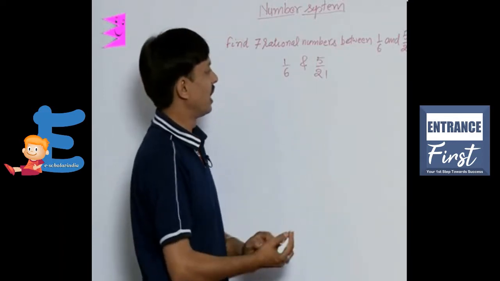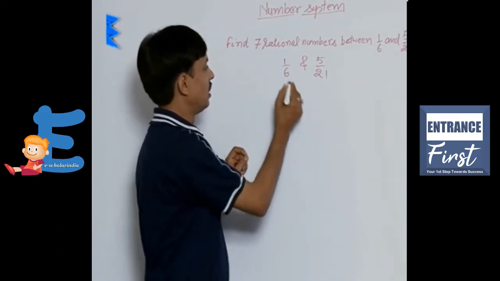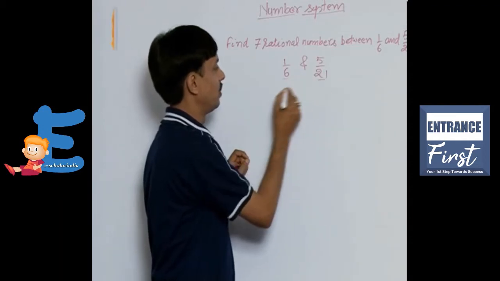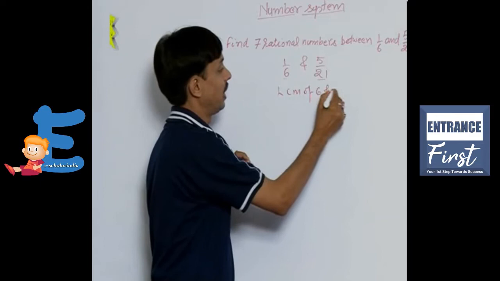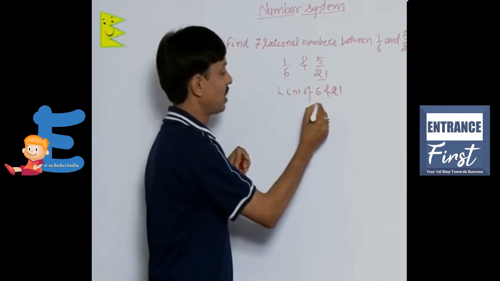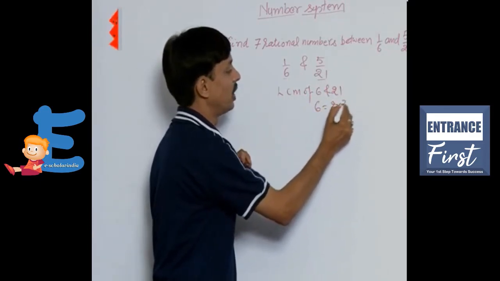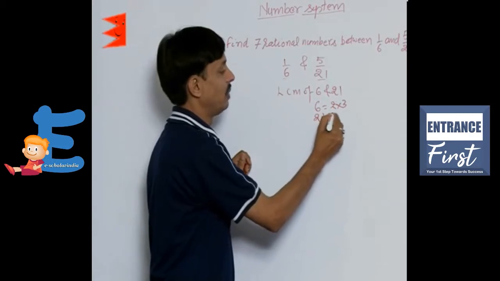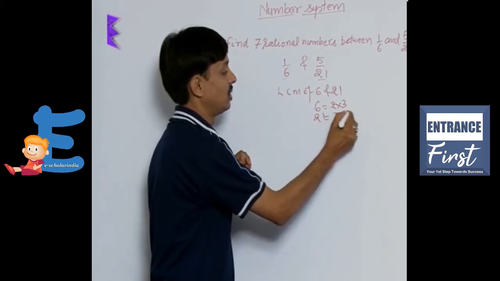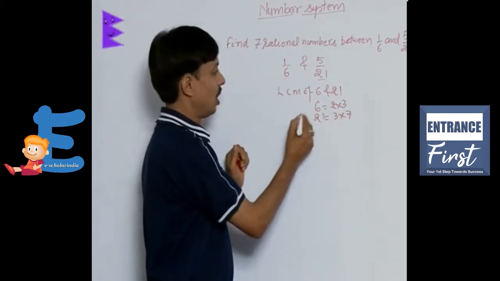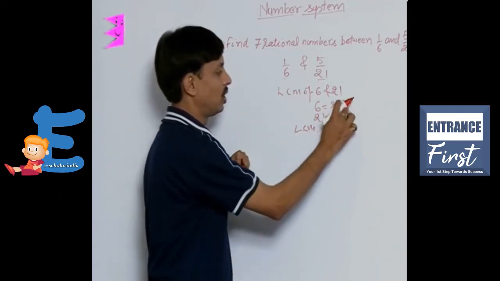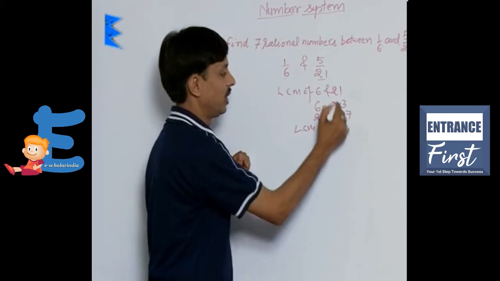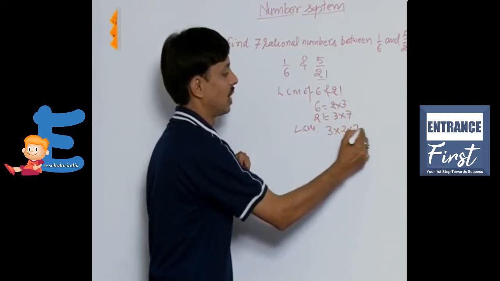To calculate that number, you can see this is 6, this is 21. We will calculate the LCM of 6 and 21. 6 can be written as 2 into 3 and 21 can be written as 3 into 7. The LCM of these numbers becomes, because 3 is a common factor, then into 2 non-common, then into 7.